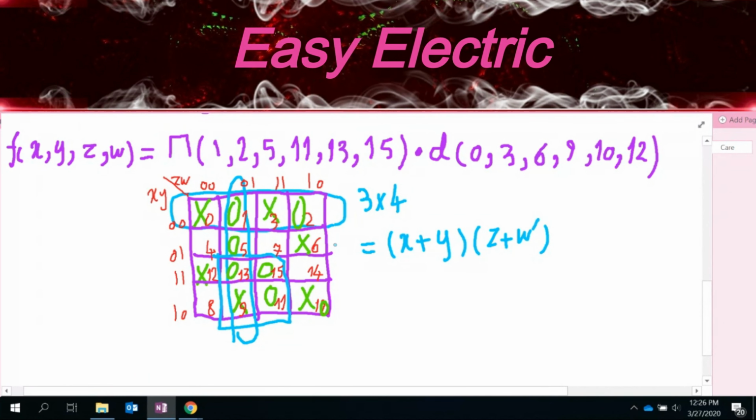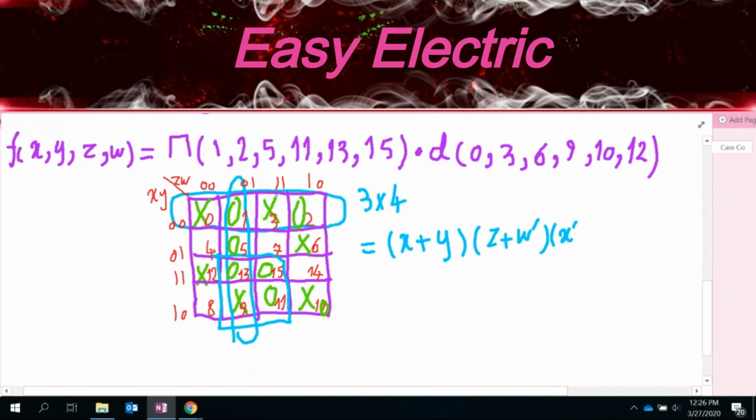So this is for this one, and finally you have this one, which is the 4. So again, you check x and y. The x is 1 and 1, should be x prime, right? And the y is 0, 1, it should be gone.